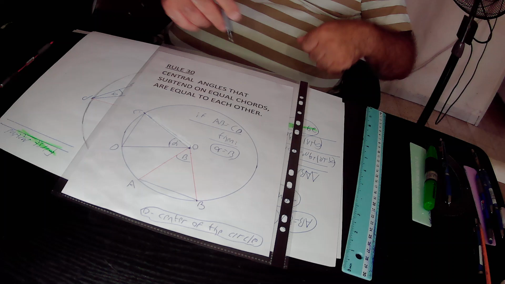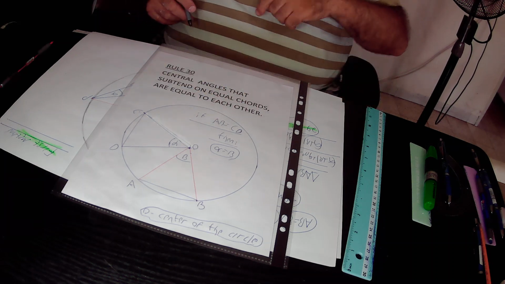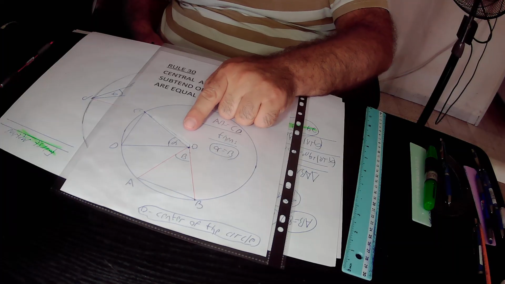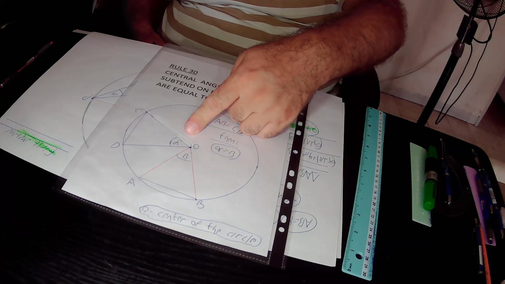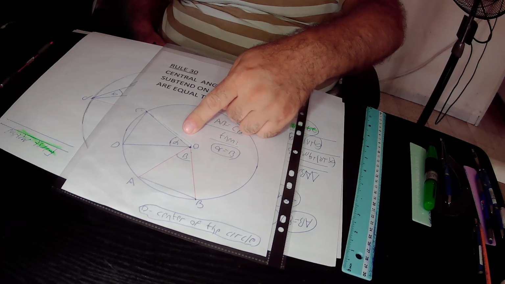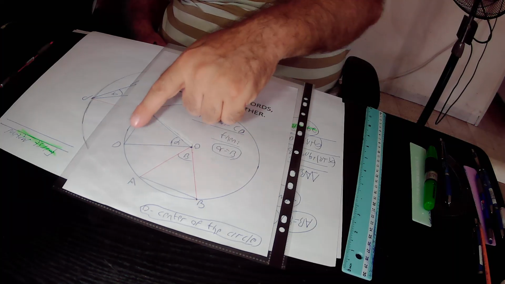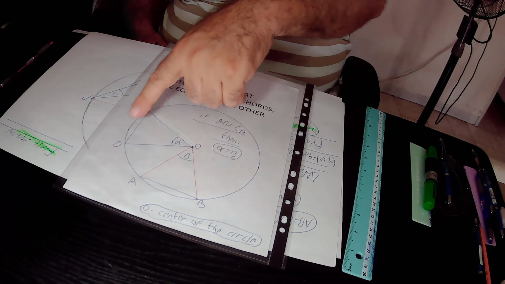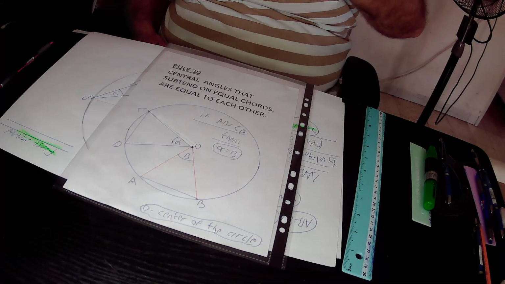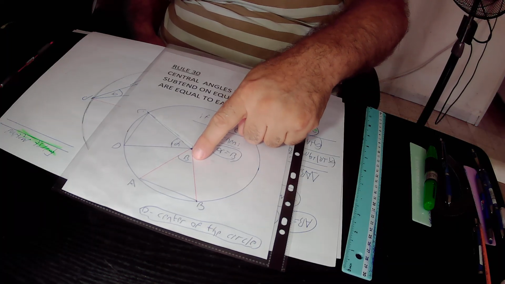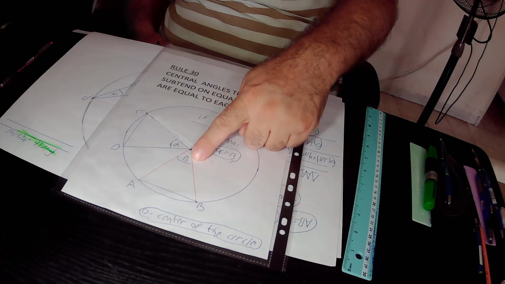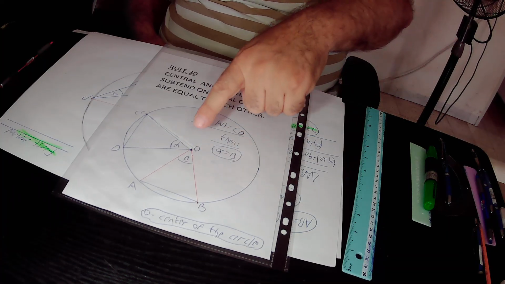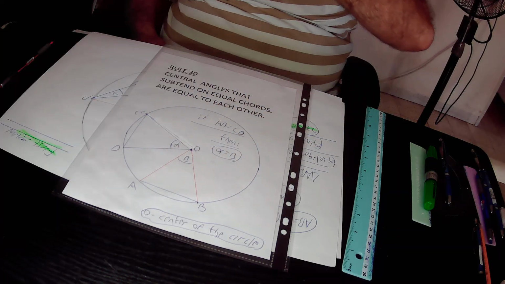In the drawing, we have a circle. This is central angle COD, that is equal to alpha degrees in its size, and it subtends chord CD. Likewise, we have another central angle, central angle EOB. This is central angle EOB, that is equal to beta degrees in its size, and it subtends chord AB.